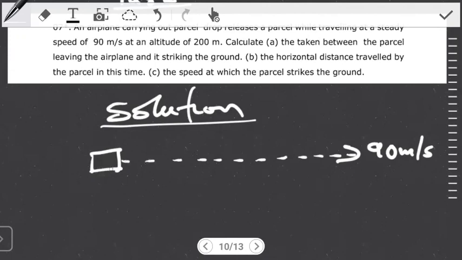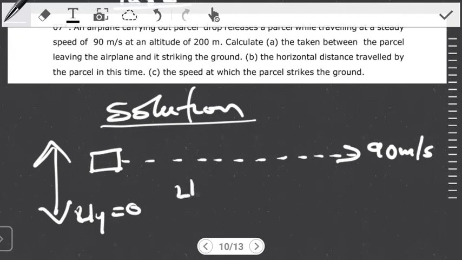So the minute the parcel is dropped, in the vertical axis, since the plane was not moving in the vertical axis initially, the initial velocity in the vertical axis was equal to 0, because the plane and the parcel, when they were together, were moving horizontally. So the initial velocity of the parcel in the x-axis will match the velocity of the plane in the x-axis.